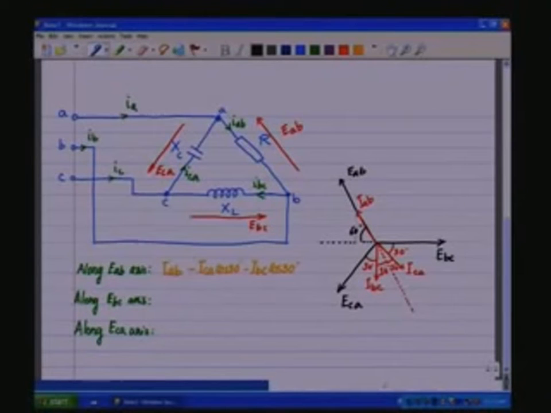So, IAB cos 60 is a projection on this axis, and then ICA cos 30 is a projection on this axis. IBC has no contribution because it is orthogonal to the EBC axis.